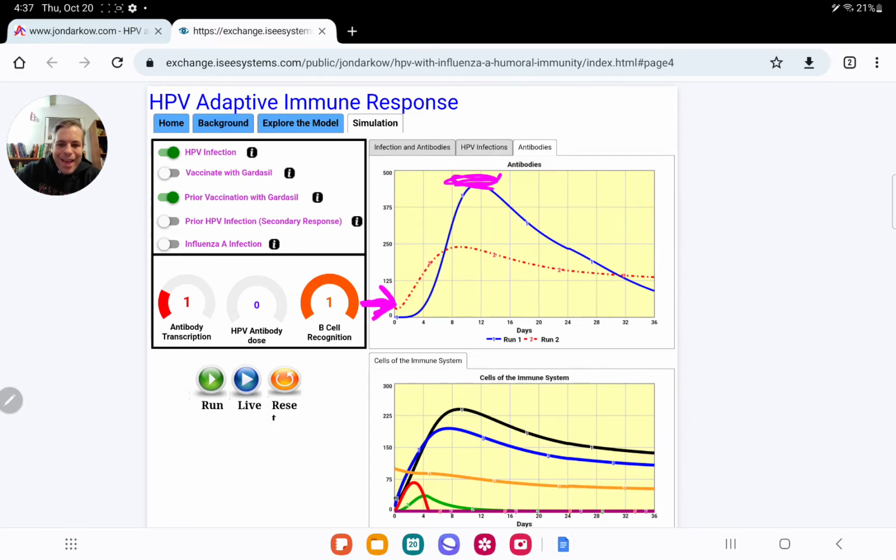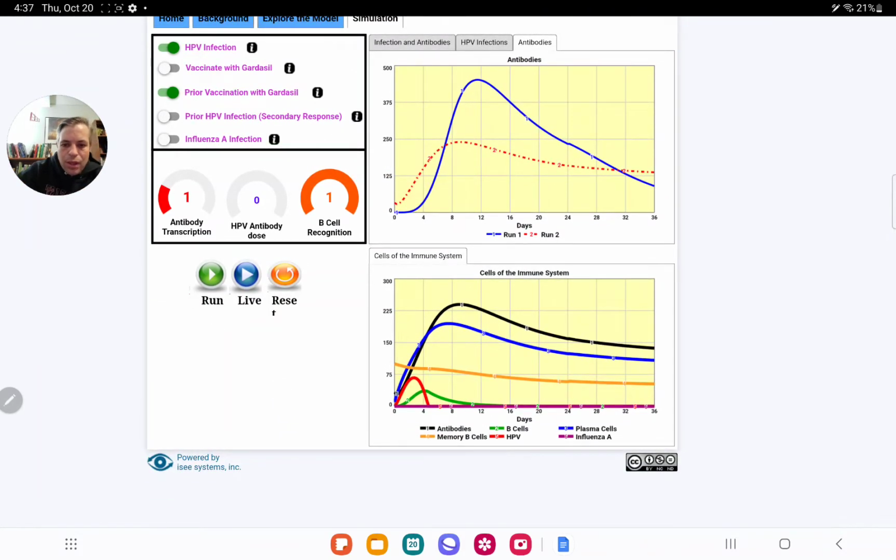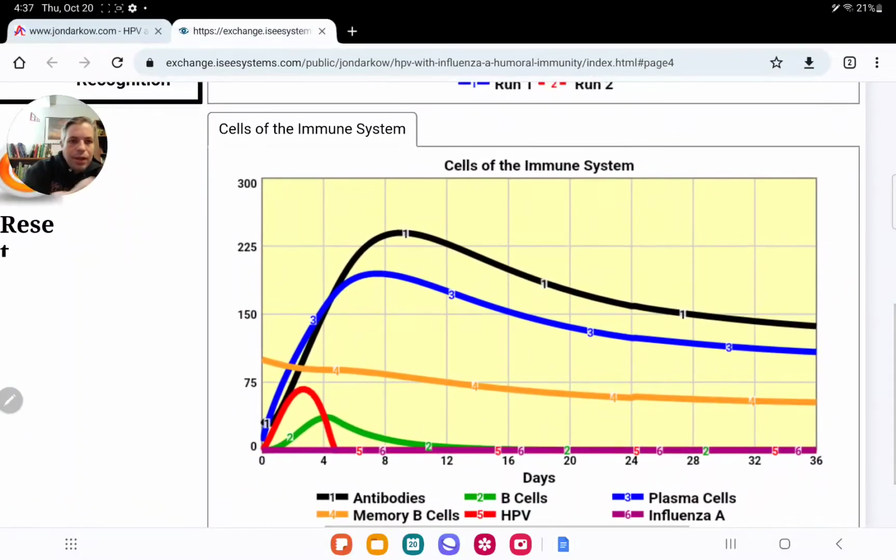And the reason that is, that I tell students, is because, let's go down here, the memory B cells here, they started off already high. And that's really what vaccines are doing, I tell my students: they're building up those memory B cells that are stored in the bone marrow.